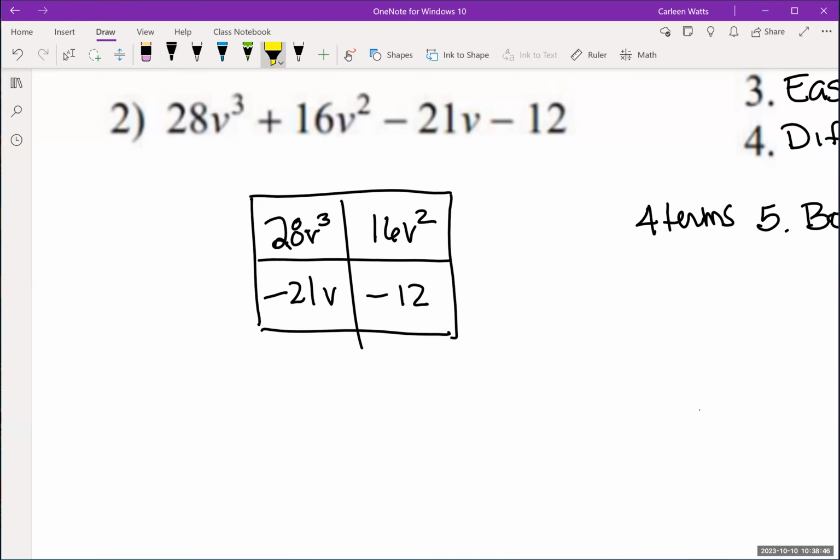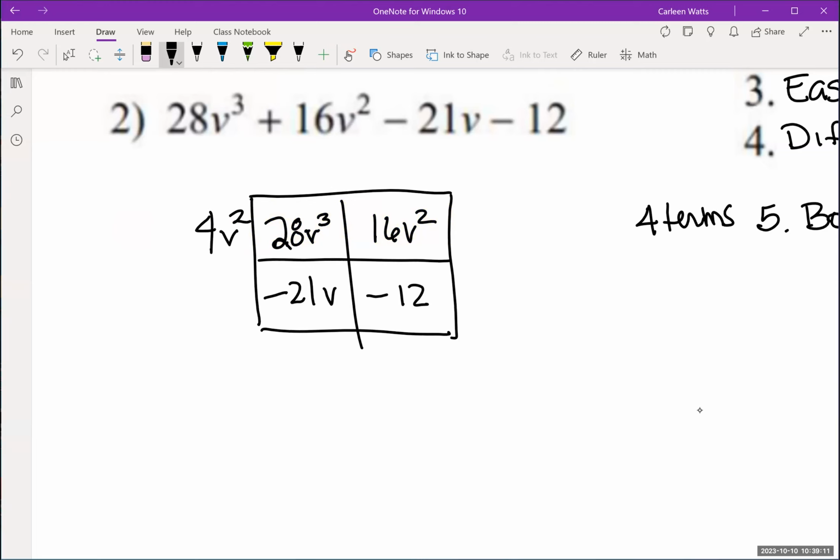Step 1. I need the greatest common factor of the top row. 4v squared. We can see that 4 is the biggest number that goes in. I grab the smaller one because the smaller one is going to go into both.